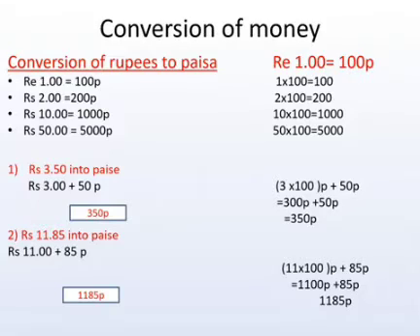So 11 into 100 paise plus 85 paise. That is 85p. 11 into 100 is 1100 paise plus 85 paise. So when you add both, the answer is 1185 paise. What is the final answer? It is 1185 paise.